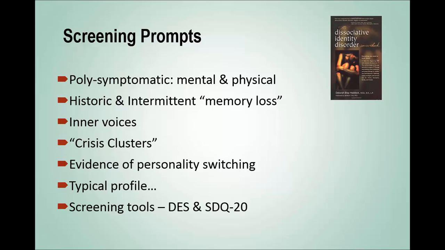According to Colin Ross, the typical DID client is female, aged 20 to 40, with a history of early childhood abuse. She will report blank spells, voices in her head, or other symptoms more commonly associated with schizophrenia. The DSM criteria would be met or nearly met for borderline personality disorder.